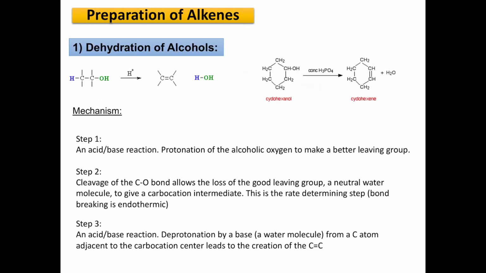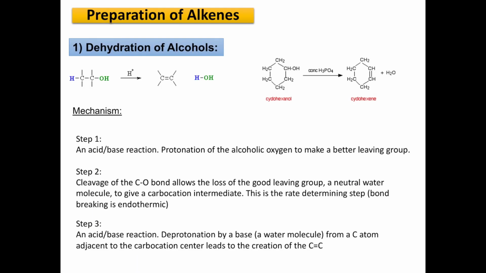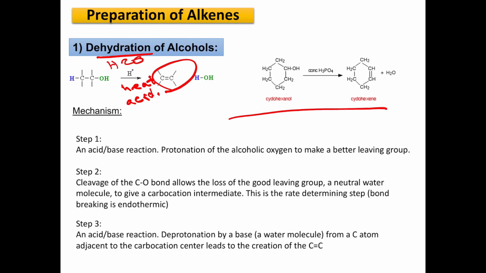Preparation of alkenes. How to prepare alkenes? There are several reactions we use to prepare alkenes. Firstly, dehydration. Dehydration means removing H2O, water, from alcohol by heat and acid. We can form the double bond, also for cyclic compounds. Step 1 in the mechanism is protonation of the alcoholic oxygen.